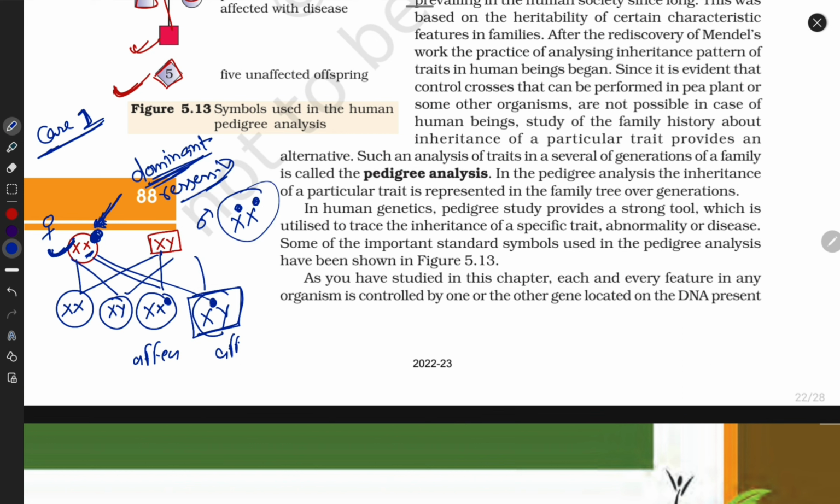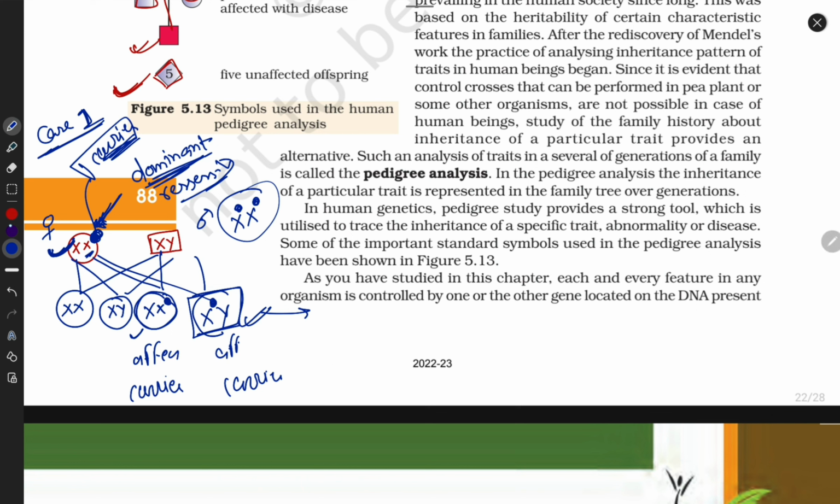If only one chromosome is affected, they work as a carrier. If we take it as a recessive character, this child is a carrier. If he and she mate with another, they work as a carrier. They only transport the disease, but they don't suffer from this disease.